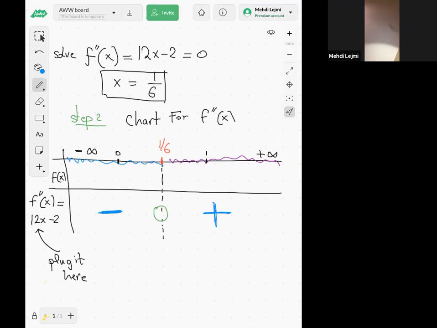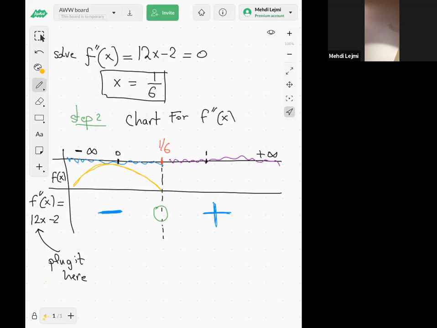Right, so then we said, guys, if the second derivative is positive, then the function is concave upward. So first, the second derivative is negative, so it's concave downward.